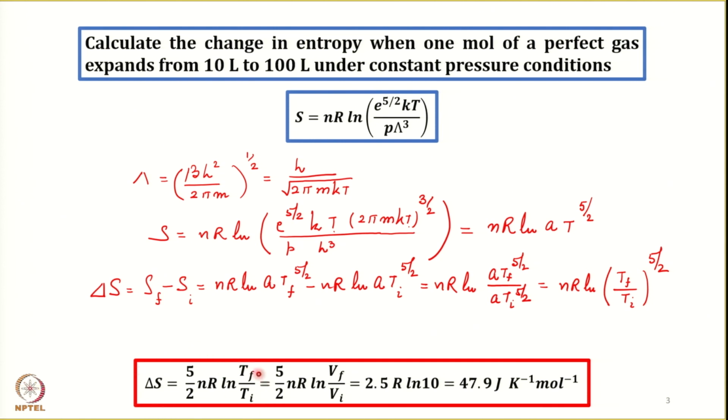Delta S is 5/2 nR log T final over T initial.